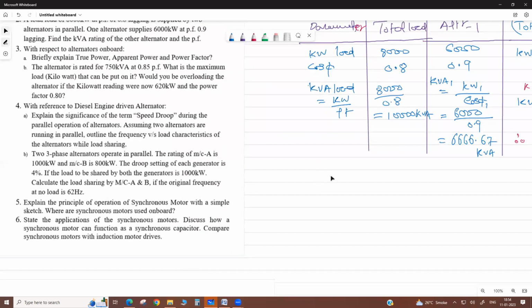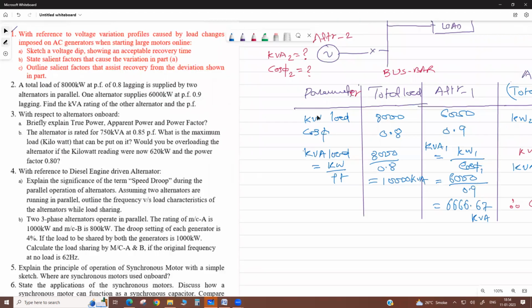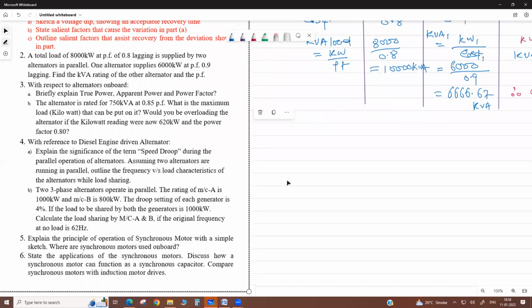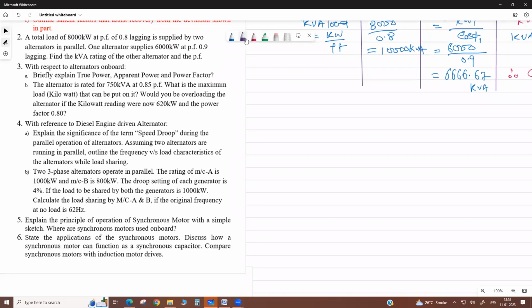This is one practical question. This will give a good idea about your third question. Briefly explain the power in an AC circuit.